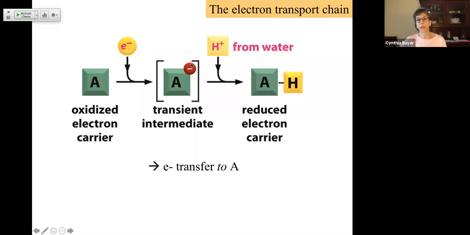It doesn't like being negatively charged, so it will accept a proton from water in order to balance that electron charge. Now our electron carrier has picked up an electron, but it's also picked up a proton, so now it has a hydrogen atom. Now it's in its reduced form. Notice that it's picking up hydrogen from one side of the membrane. Think of these molecules as sitting in a membrane. It's picking it up from this side, which happens to be the matrix side.